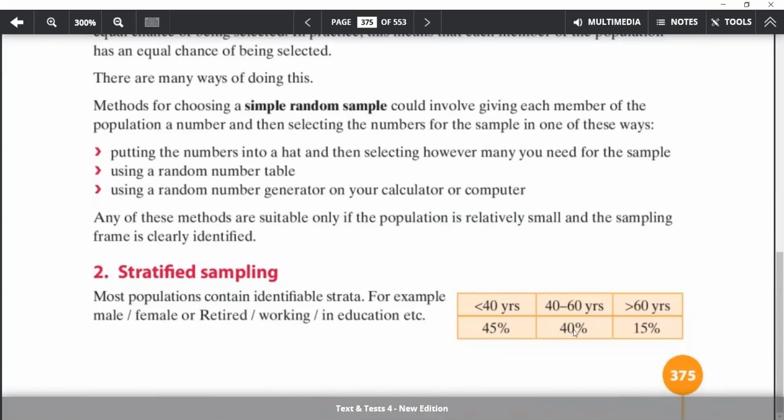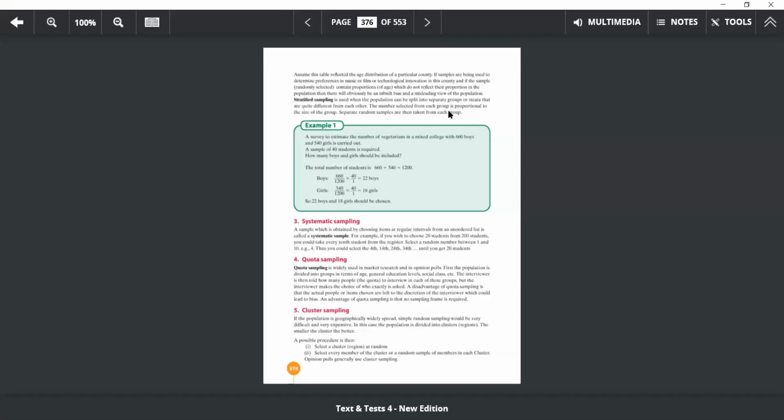Then 40% of my sample needs to be between 40 and 60, because that reflects the fact that 40% of the population in Ireland are between 40 and 60 years old, and so on. That's just going along age. Other ways you'll often stratify data is by male, female, retired, working, or in education. And you just make sure that your sample is in the same proportion to the population.